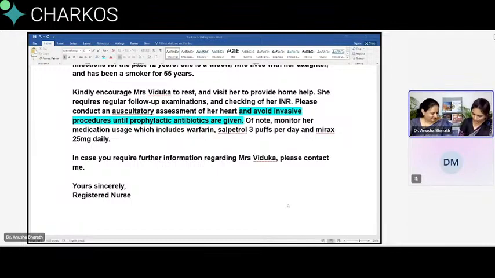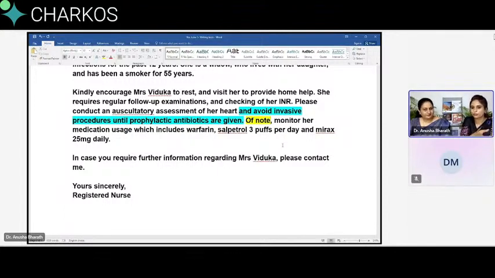And so we have a question here. Can you explain what is off note? Well, off note is nothing but an important piece of information that has to be stated, which the addressee, the person you're addressing the letter to, has to know. In this case, you're writing to the district nurse who is going to provide some home help, meaning they're going to go to the patient's house and take care of them.